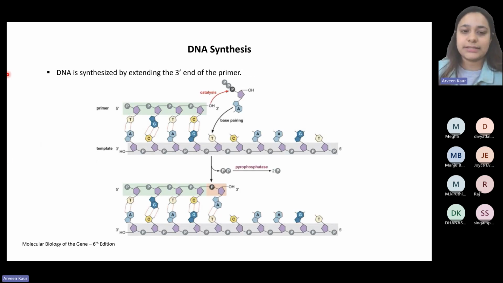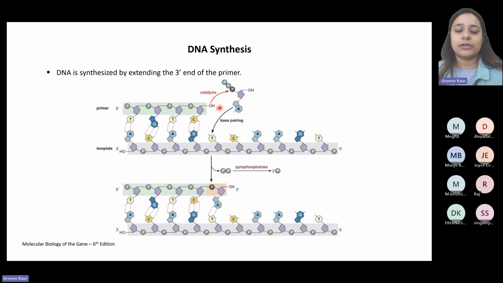When we talk about DNA synthesis, we also say that it is synthesized by extending the 3' end of the primer. Now, this is one fact that we discussed while we were solving the previous year questions for this particular week. As you can see over here, the DNA polymerase will always elongate in a 5' to 3' direction.